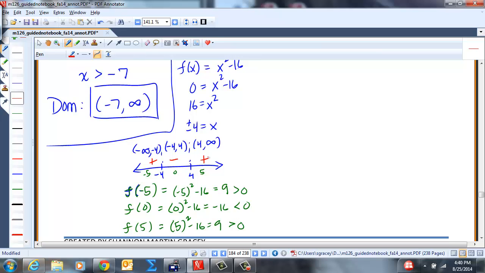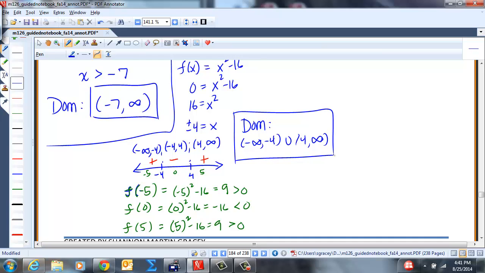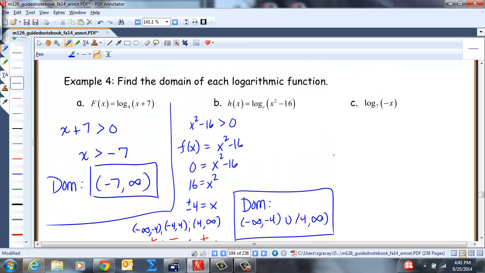Now we wanted to take the positive results. So the domain for this one will be minus infinity to -4, union 4 to infinity. Okay, so far? Good. All right.